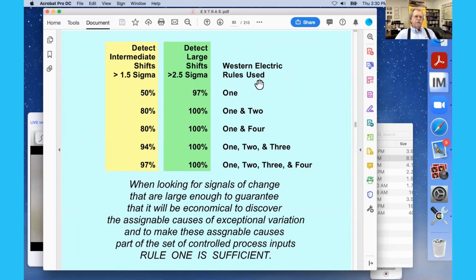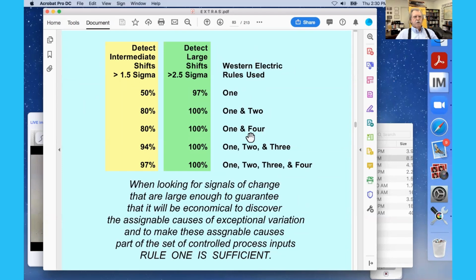Rules used. Western Electric Rule 1, a point outside 3 sigma limits. 97% chance of detecting a large shift, a 50% chance of detecting an intermediate shift. Rules 1 and 2, or rules 1 and 4. And before we had computers, everybody kind of used rules 1 and 4 because they didn't require any calculation.